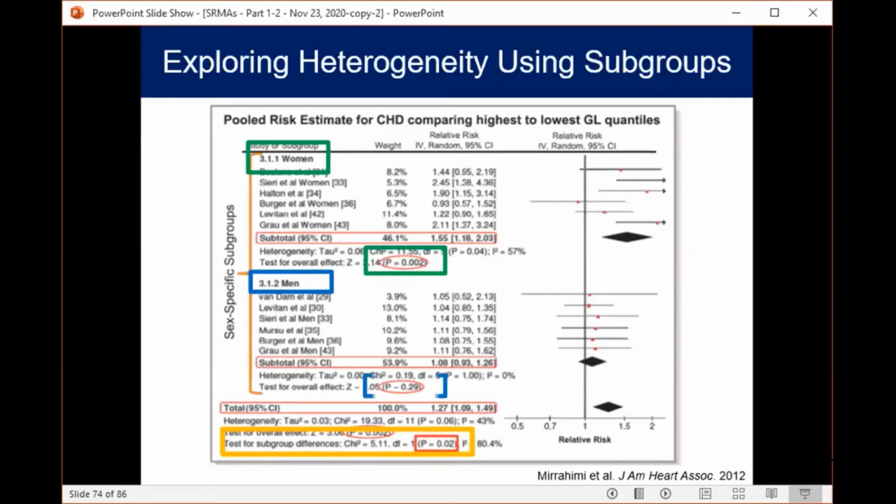However, for men, there is no significant effect. Therefore, the conclusions for this SRMA would be that there may be no effect in men. However, there may be a significant effect in women. This demonstrates the importance of conducting subgroup analyses and the influence it can have on the overall conclusions and interpretation of the results.